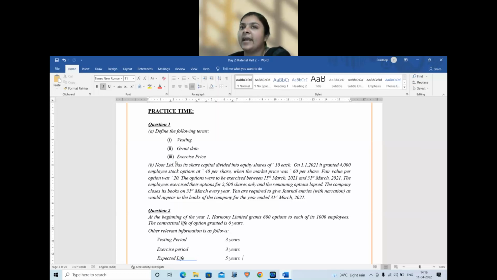Second, grant date. The date on which the employee options are initiated or announced, offered to the employees. Exercise price. The price at which the shares are offered to the employees. Clear with the terms?